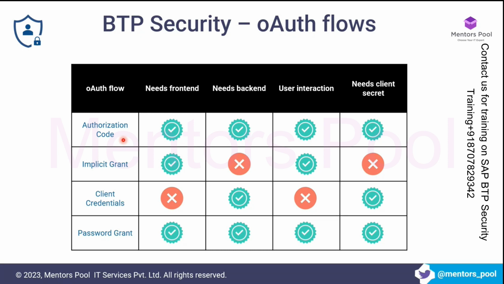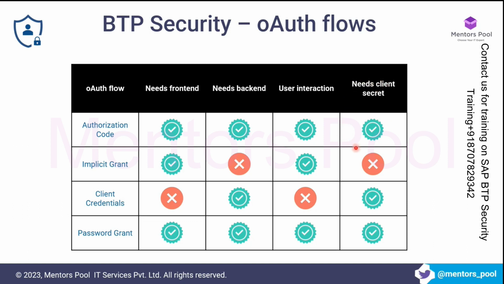Now in case of auth code flow, we need a front end. Since you are going to be the developers, you will be required to create a front end. You will be required to have a backend which you will create. It needs a user's interaction. The user, for example any business user, will be required to interact with your system, and there is something called a client secret.